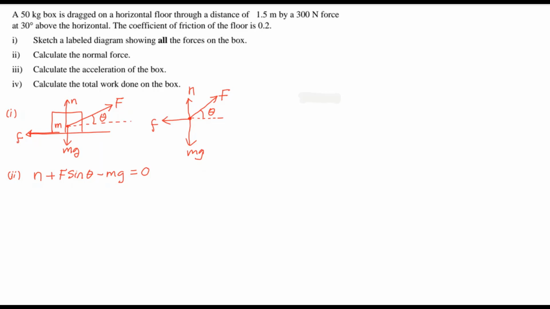From here we get the expression for the normal force: N equals mg minus F sine theta. So we plug in the numbers. Therefore N is equal to 340.5 Newton.